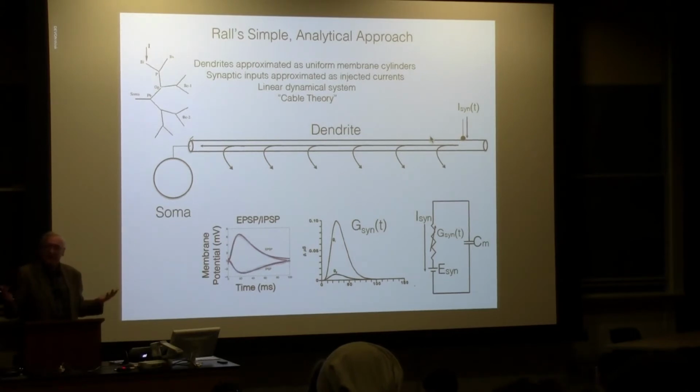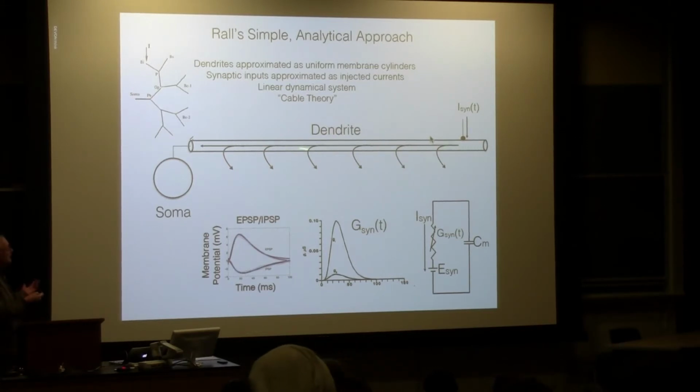The way I'm going to think about it is that synaptic input just injects some current, and we're going to call that I synaptic of T. It just injects some current into this tube, and so what happens to the charge that's injected? It begins flowing along the fluid-filled center of the tube, right? That charge propagates down the tube.